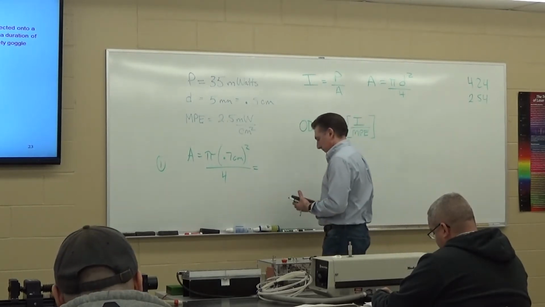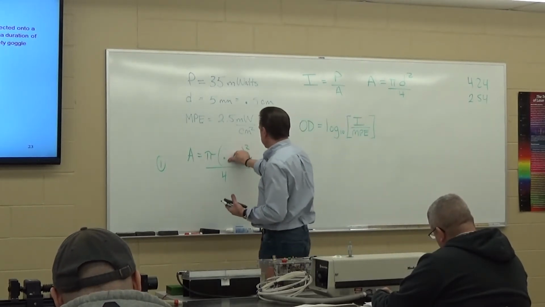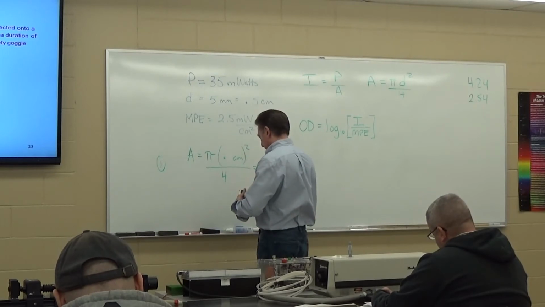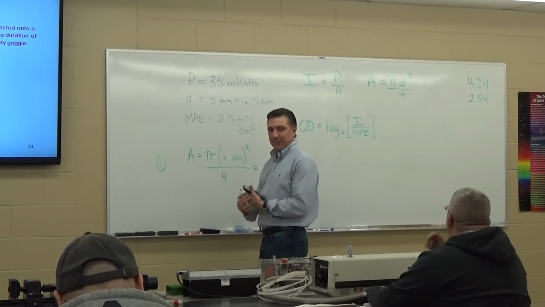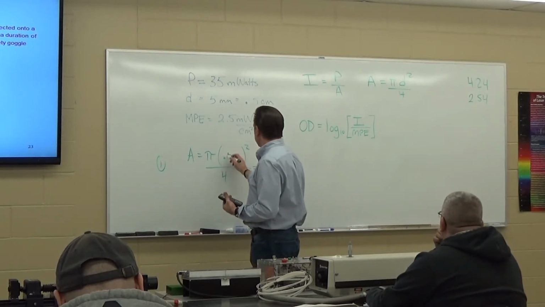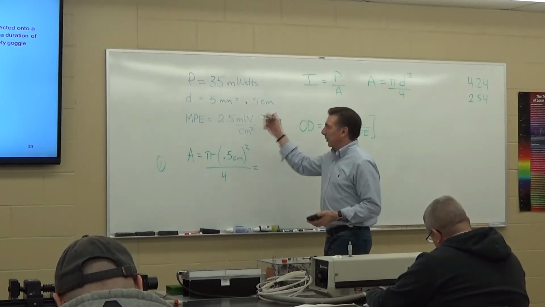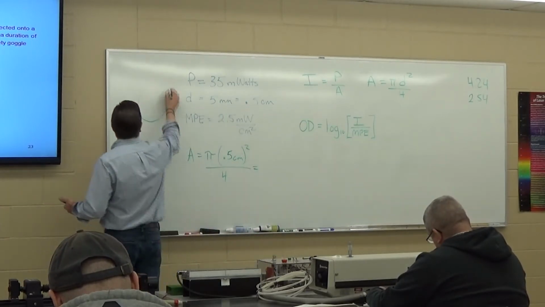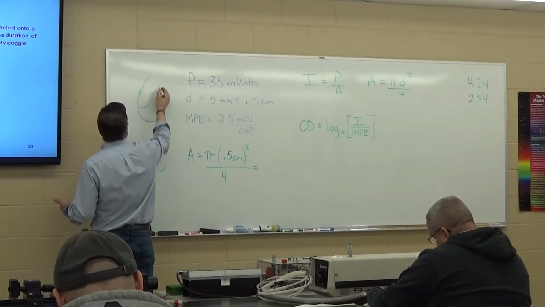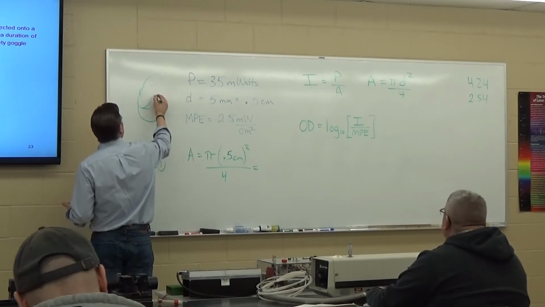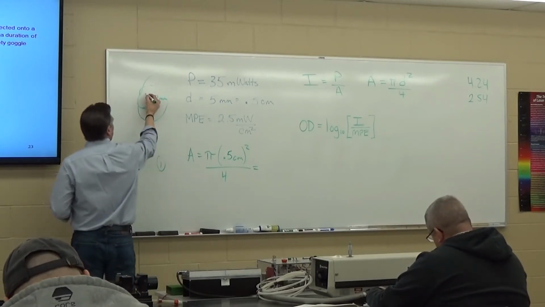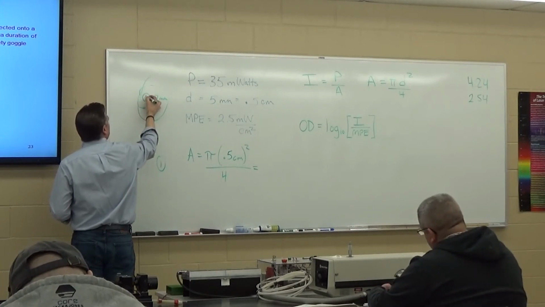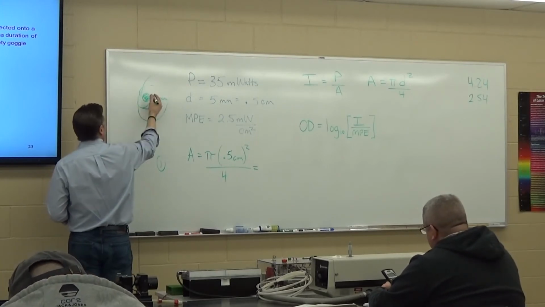I assume I just push the log button. So this problem, you've got an eyeball that has a 7 mm pupil, and the laser beam is 5 mm, so all of it's going into your eye.